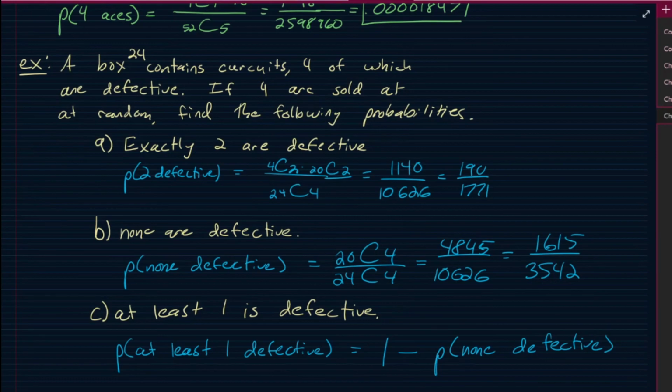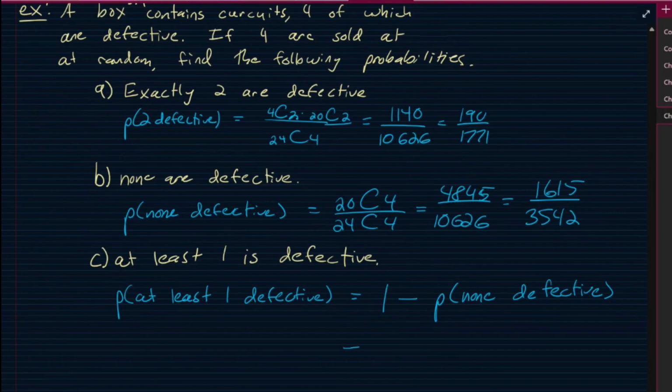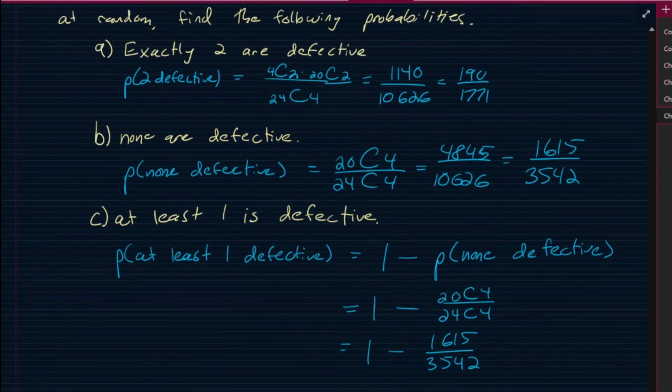So it's 1 minus the probability that none are defective. And we actually found that just now. Remember, it was 20C4 over 24C4. Which ends up being 1927 over 3542.